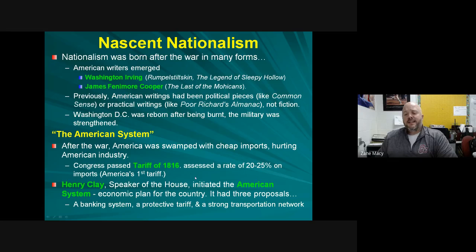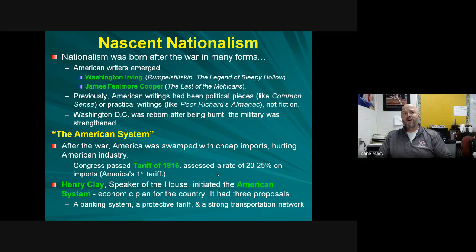The tariff of 1816 assesses a tax rate of about 20 to 25% on imports. Basically, this is a tax that's paid on the value of whatever foreign goods are brought in. It artificially raises the price, in this case by 20 to 25%.